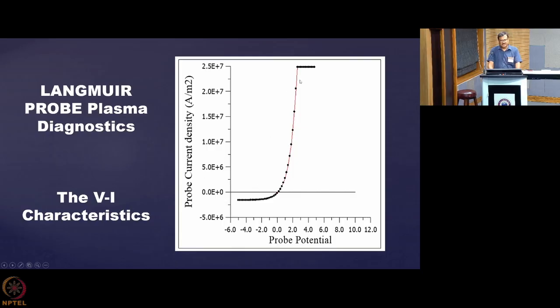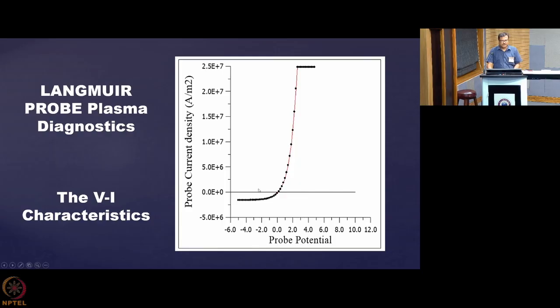Of course, the type of current density variation that I have shown is for a specific type of probe, rather it is for a planar probe. If you are using a spherical probe or a cylindrical probe, then the current density variation mostly will be like this, but at this edge you may see a different kind of variation.